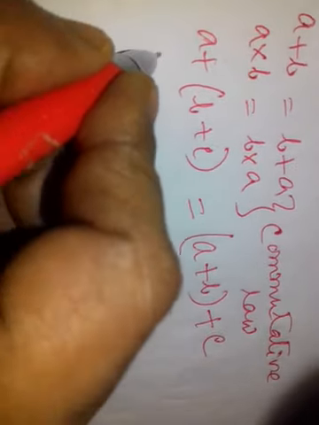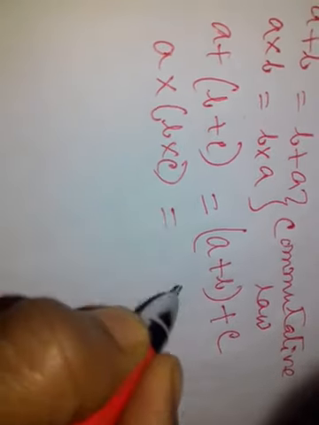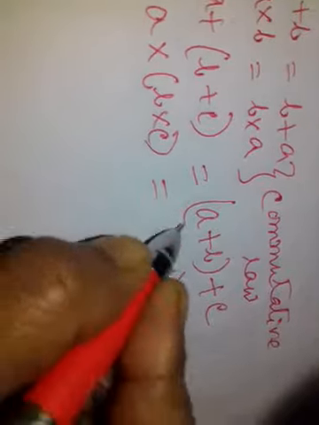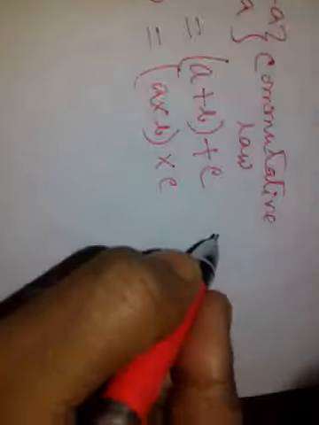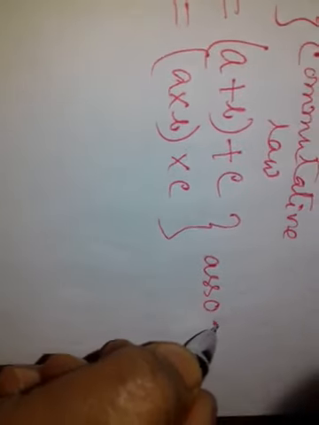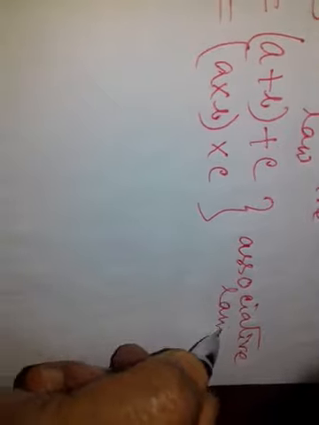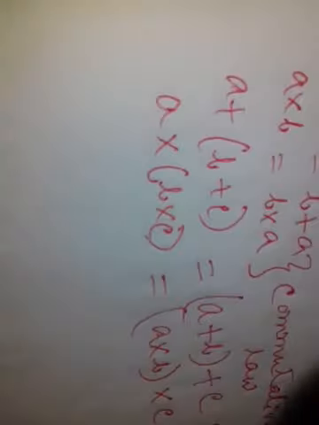Similarly, for multiplication, A into B into C is equal to A into B within bracket into C. This is called associative law. Now, find the value of the following with the help of commutative law and associative law.